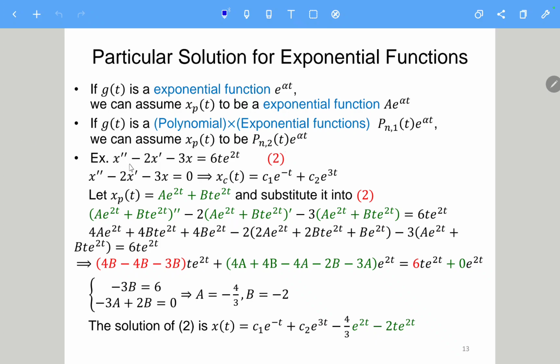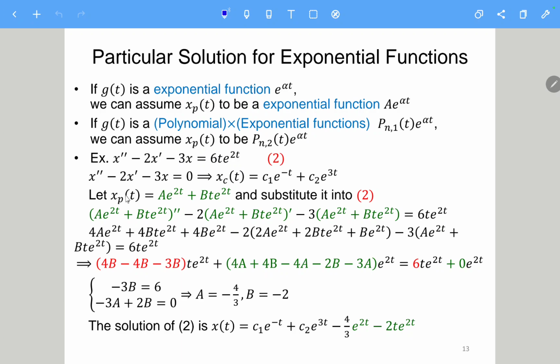Okay, so here is an example. The left side is the same form, and on the right side, this is a first order polynomial multiplied by an exponential function. So first you still need to solve for the homogeneous solution, which is the same as the previous slide.